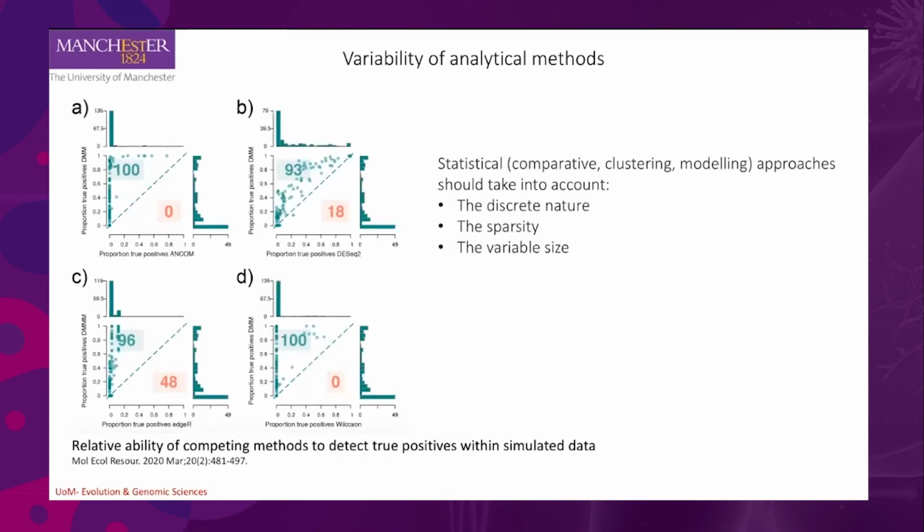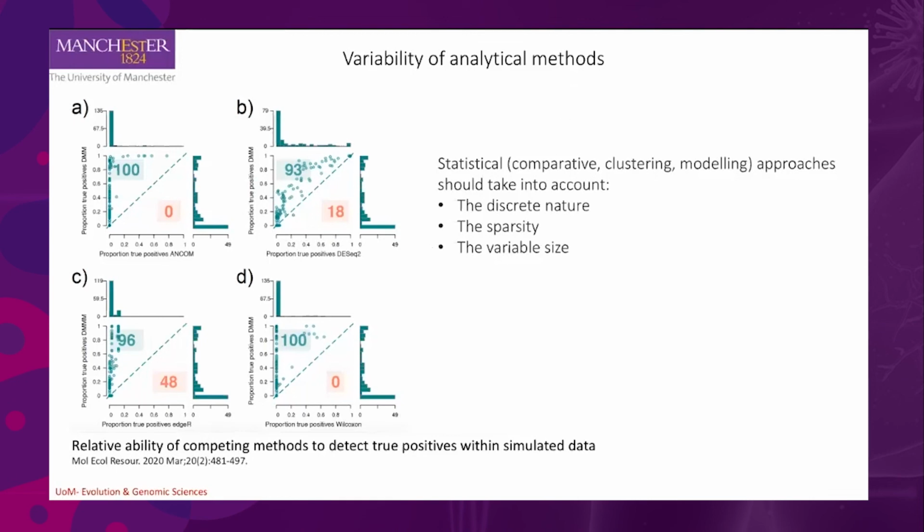And in order to understand how these approaches can affect the endpoint, so basically the statistical testing, over here we see the relative ability of competing methods to detect true positive differential relative abundances in simulated data.